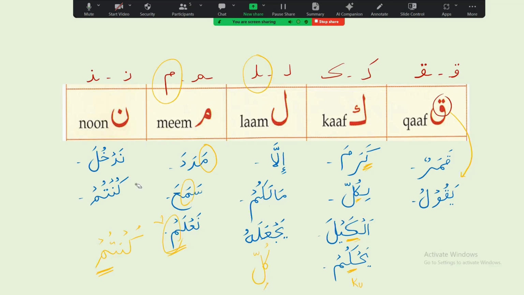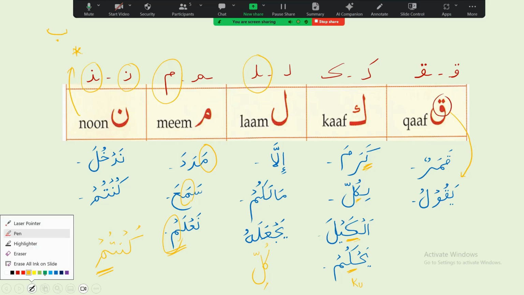Okay. Now moving on to the next alphabet, which is Noon. Sisters, what happens for the Noon alphabet is that sometimes we confuse it with the Ba alphabet. The shape of the Noon is very much like the Ba alphabet when we cut the Ba and use it.